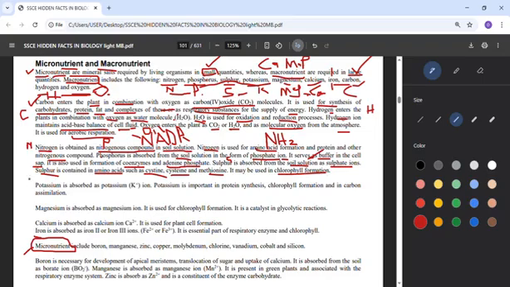Potassium is another important macronutrient, very important to plants. It is absorbed as potassium ion. It is important in protein synthesis. When you talk of protein, you have to mention potassium. Potassium also aids in the formation of chlorophyll. Why? Because chlorophyll has to do with the green pigments in plants.